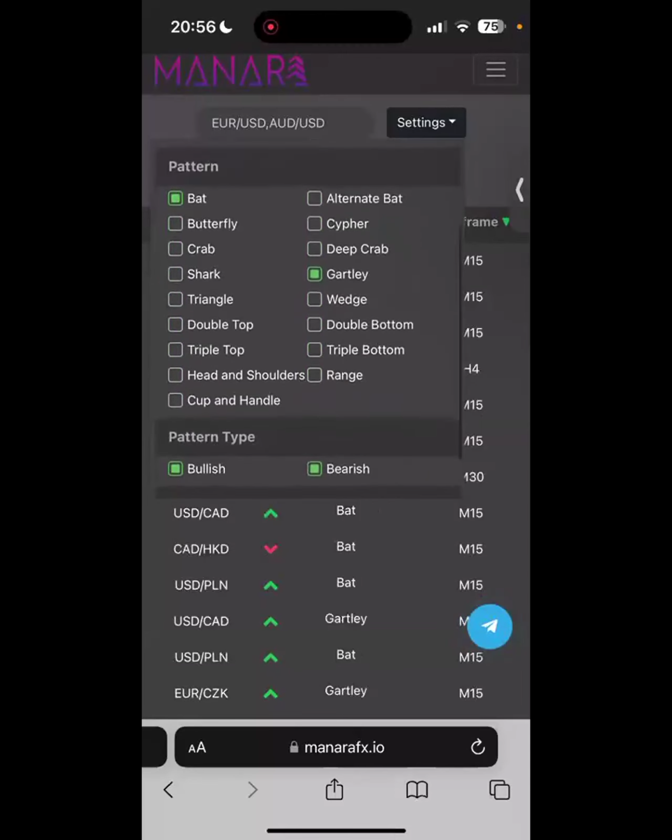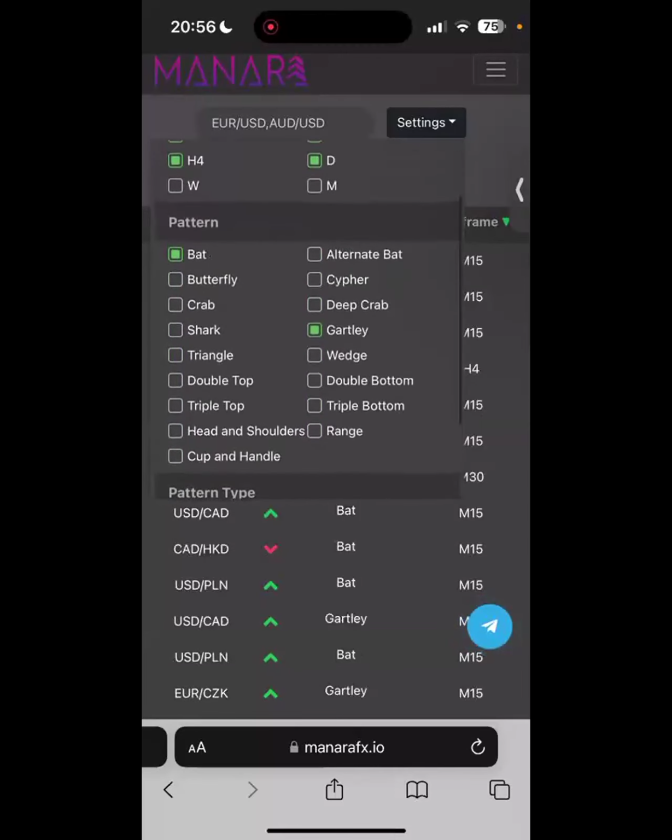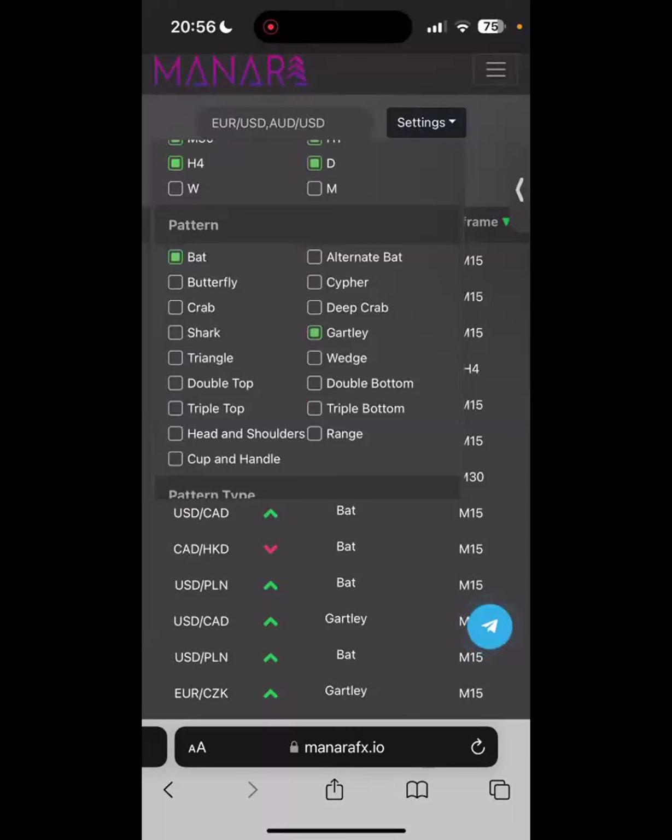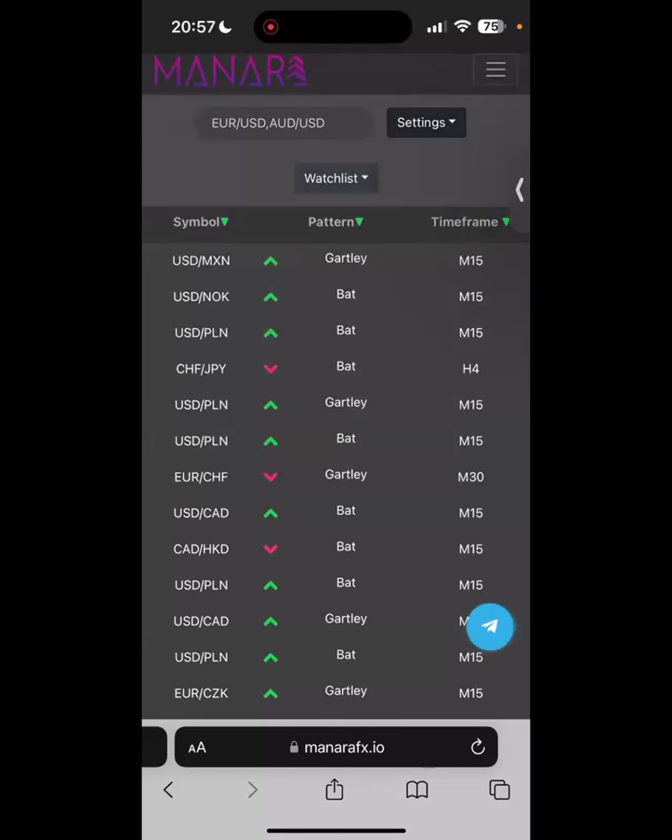Let me see your pattern type. Okay, great. So click settings back. So it's the same settings here. I think somebody was typing on the chat. So the same settings we have on the notification is what we did on the pattern type. We have different pattern types.